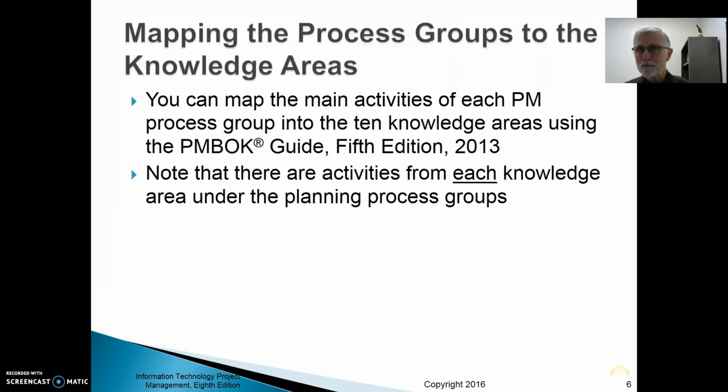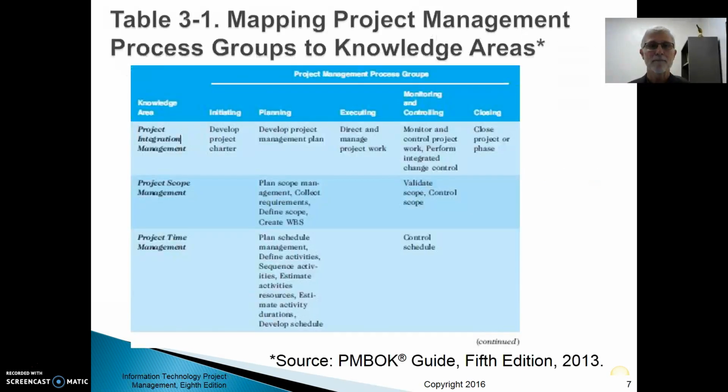So in the next few slides, I'll show you how these processes and the PMBOK knowledge areas are interrelated. They do come into play. And I'm not going to go through each one of these, but I want you to take a look at the different 5 phases and each of the 10 different knowledge areas. As in chapter 4 and on, we're going to go through each one of these knowledge areas in detail.